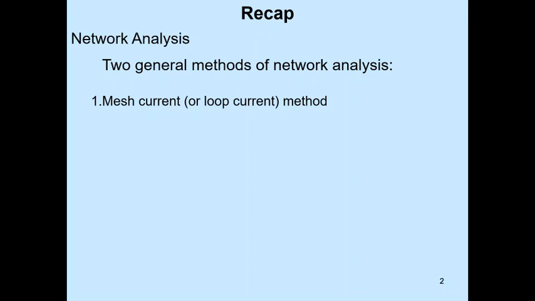One is the mesh current loop method, that is based on KVL, Kirchhoff's voltage law. In Kirchhoff's voltage law, the algebraic sum of all the voltages in a closed loop is equal to 0. That is the loop current method or mesh current method, that is based on KVL.